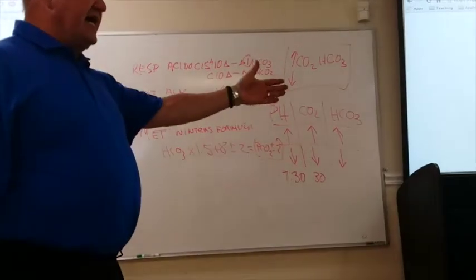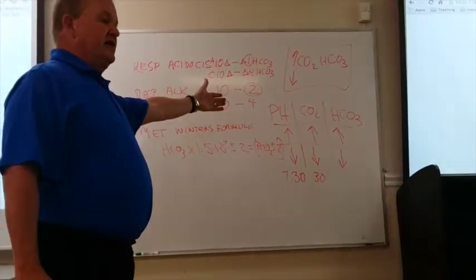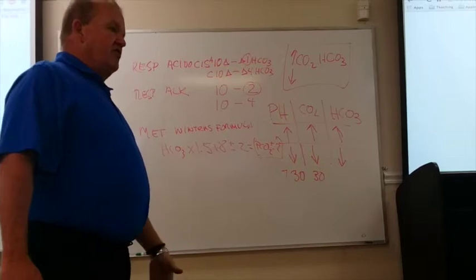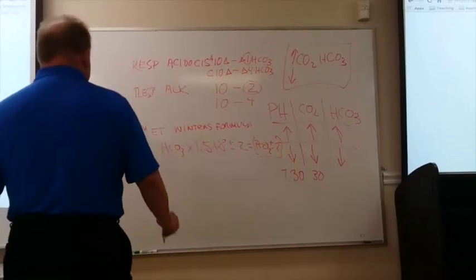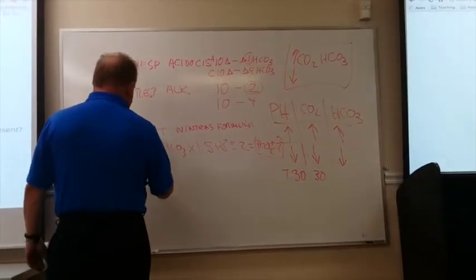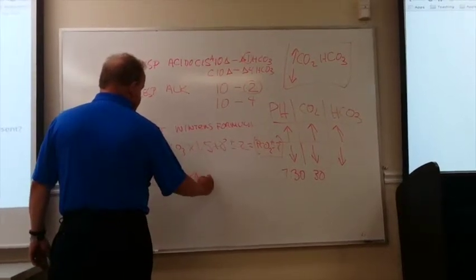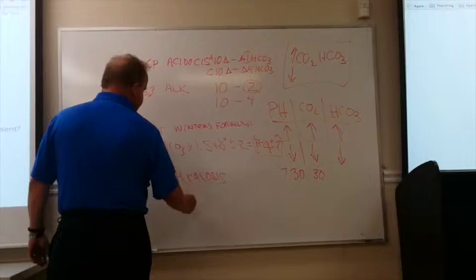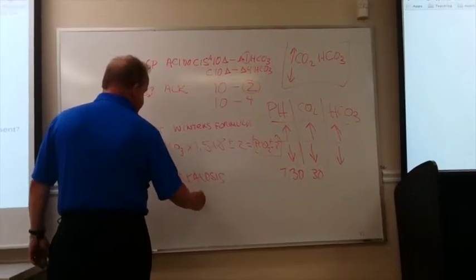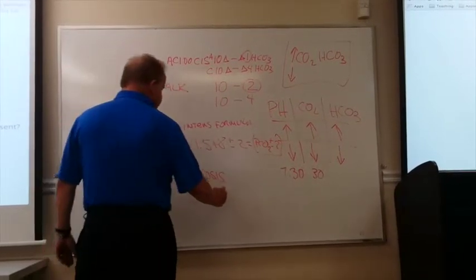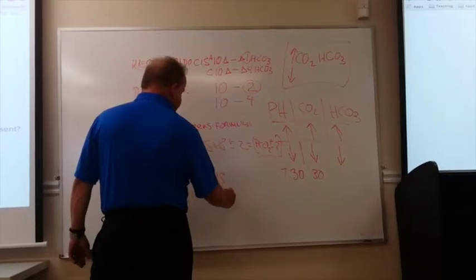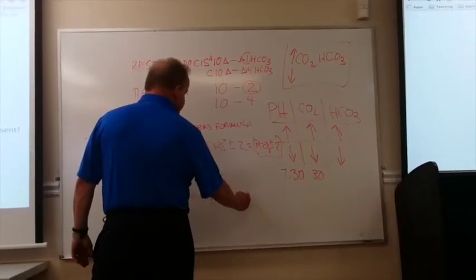If it's higher than that, it has to be a respiratory acidosis. If it's lower, it has to be a respiratory alkalosis. For a metabolic alkalosis, for every increase in bicarb of 1, there's going to be an increase of CO2 of 0.7.